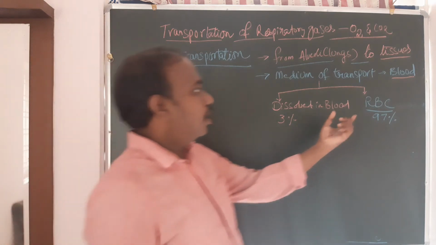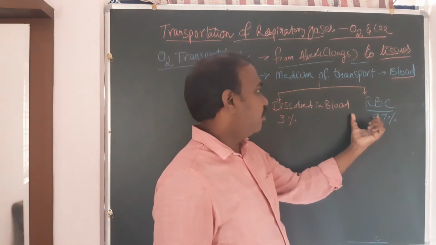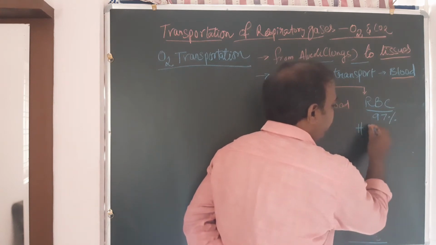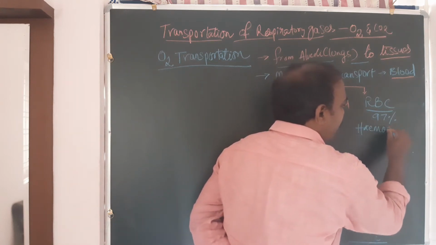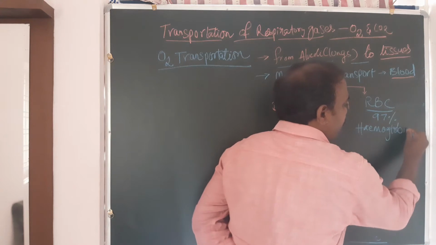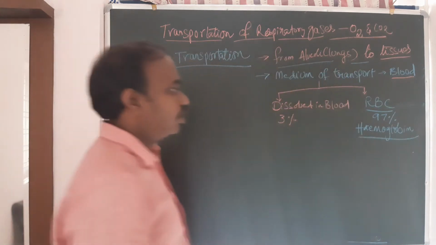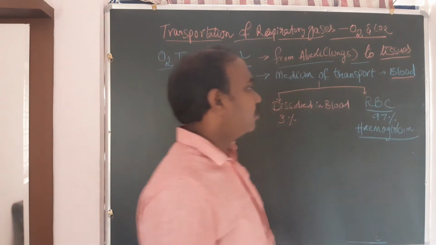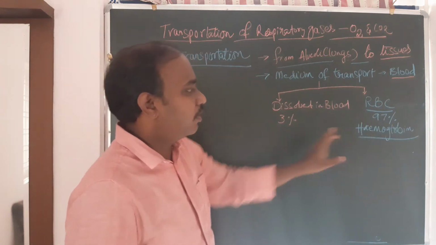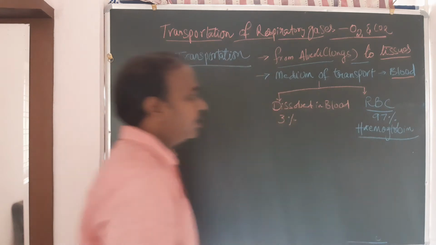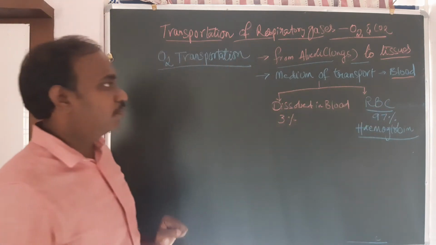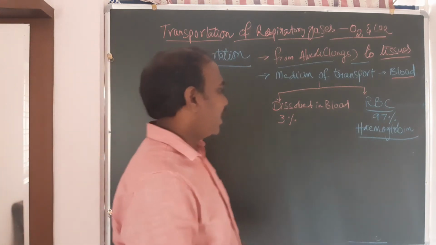In the RBC we have this pigment called hemoglobin. This oxygen is attached to this hemoglobin and transported attached to it, and the compound formed is oxyhemoglobin. So these are the two methods by which the oxygen is transported.